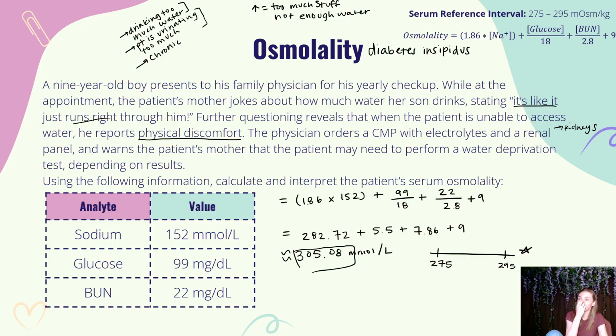Okay, so basically, if it's increased, you are too concentrated in your blood.